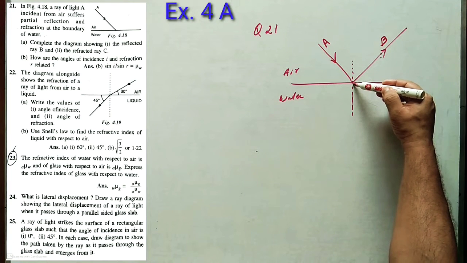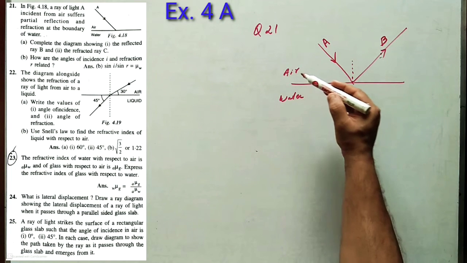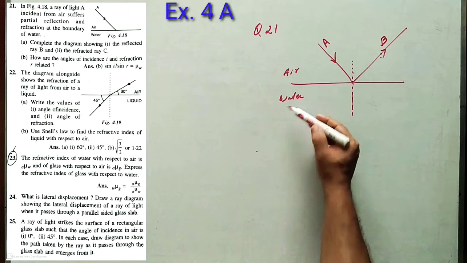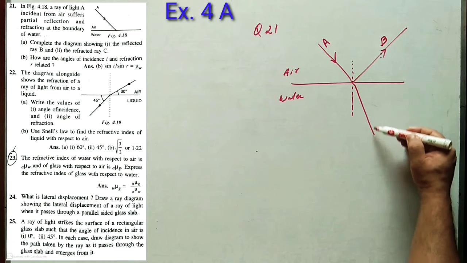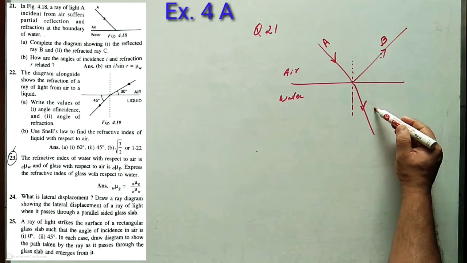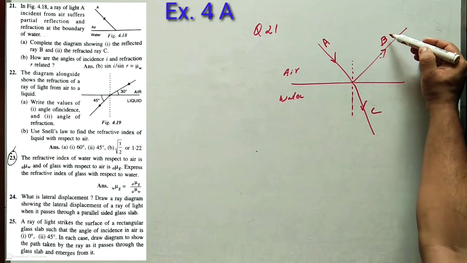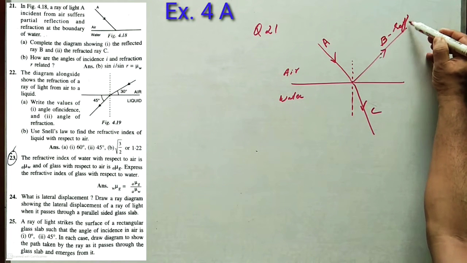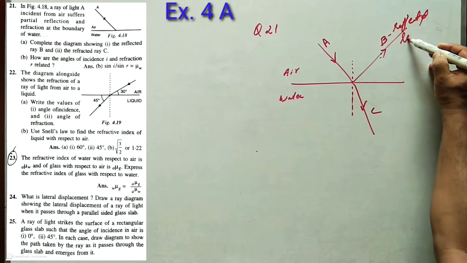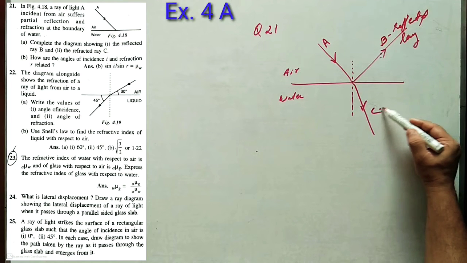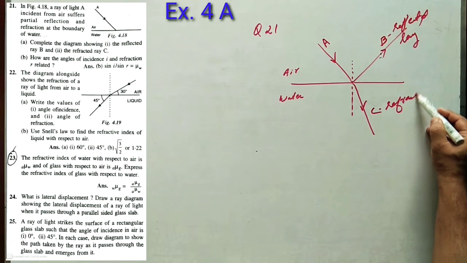So the refracted ray, since the light is traveling from rarer medium to denser medium, bends towards the normal. Name it C as the refracted ray. So B is the reflected ray, and C is the refracted ray.